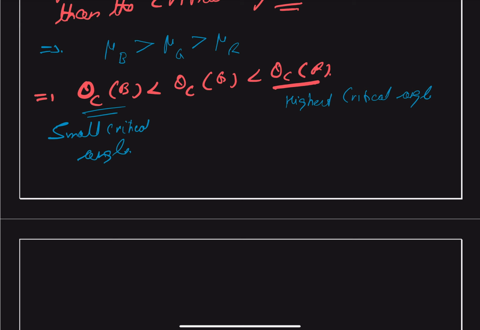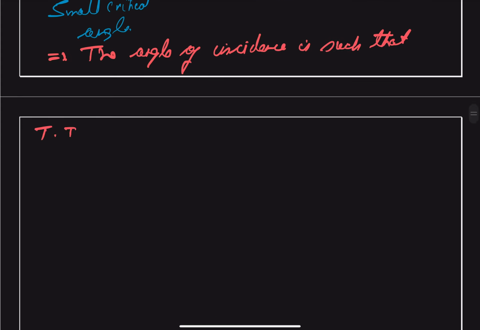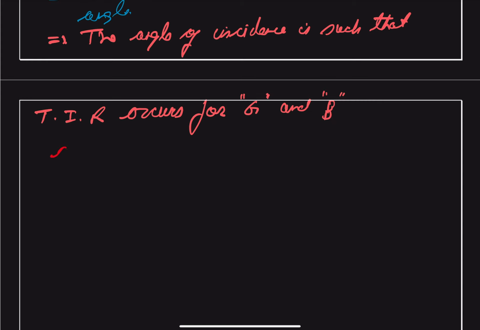We can say that for the internal surface of the prism, the angle of incidence is such that total internal reflection only takes place for green and blue light, not for red.